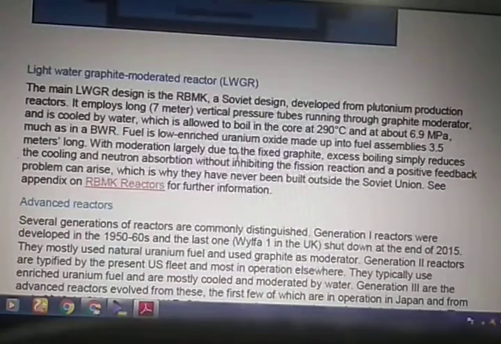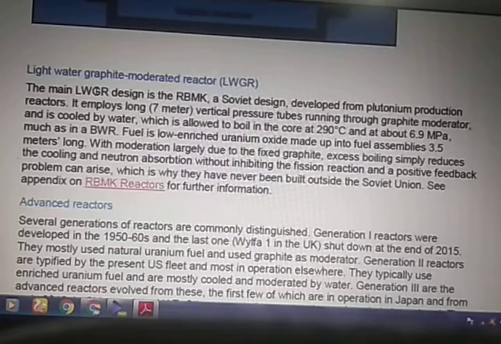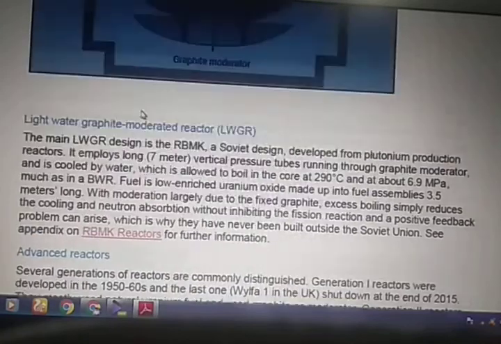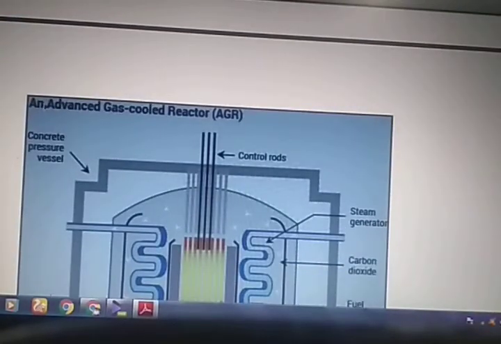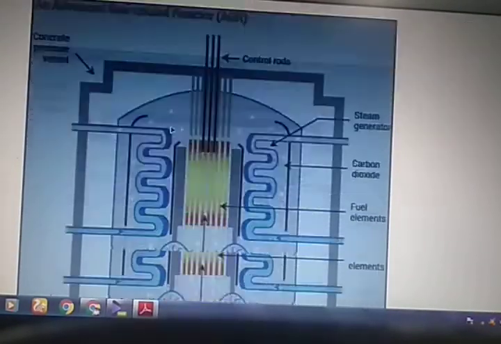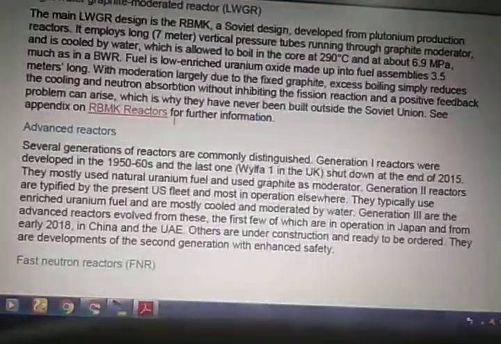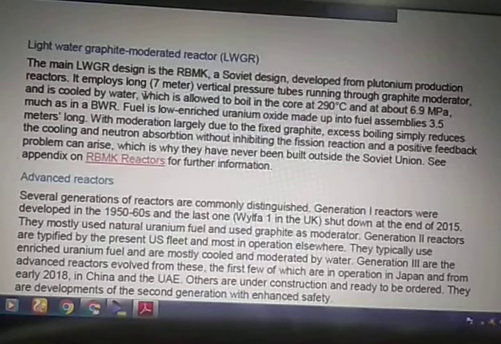Some more versions of nuclear reactor models are available. The light water graphite moderator reactor, LWGR, is the modified version of the previous one, the advanced gas cooled reactor, AGR. Here light water is used as coolant and graphite is used for the moderating purpose.